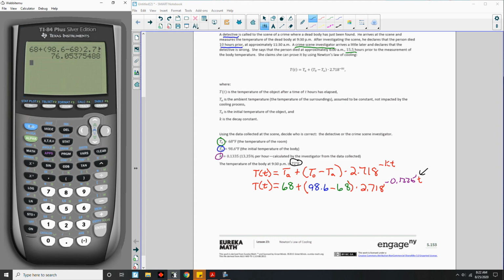So if I go back in and simply retype this: 68 plus parentheses 98.6 minus, forgot the minus, the 68 times 2.718 to the power of negative 0.1335.